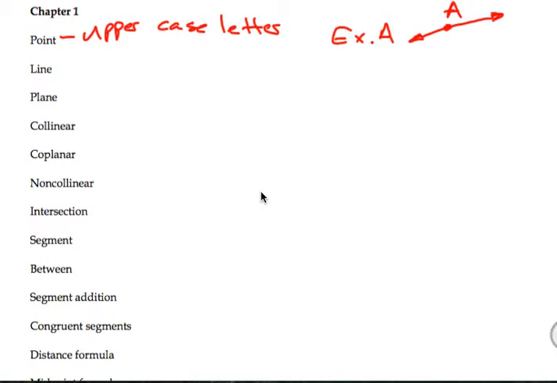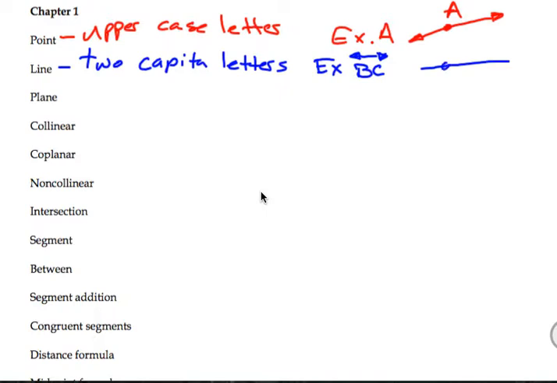Then you have a line, which is two capital letters. For example, you could have BC with a line above it. That means B and C. This line goes through and is continuous through both of those. That's why they both have a line above them.